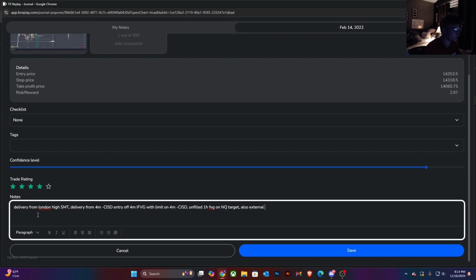Also external draw is lower, daily sell side. SMT at low and ES tapped that 1 hour unfilled fair value gap.